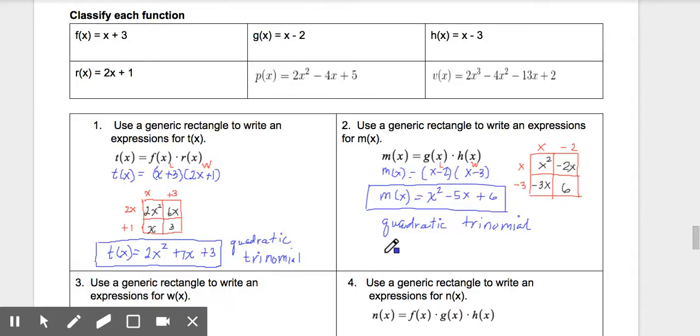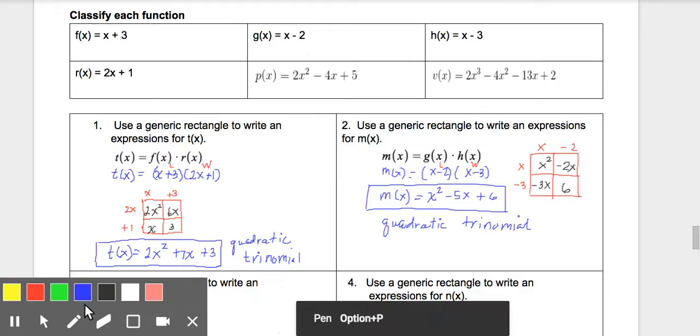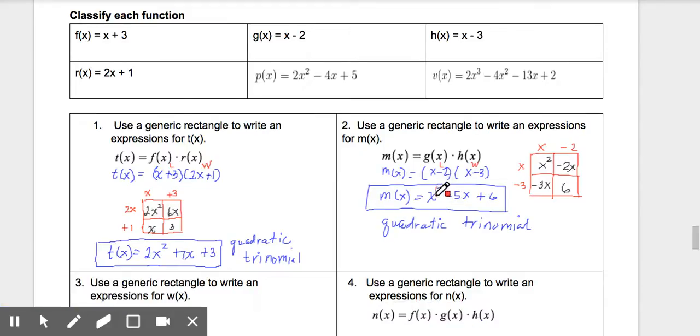When it's quadratic, we also call this second degree. The highest exponent gives the degree of the polynomial. So a quadratic trinomial is second degree.